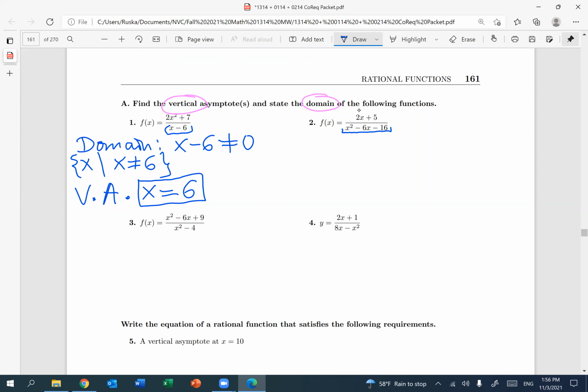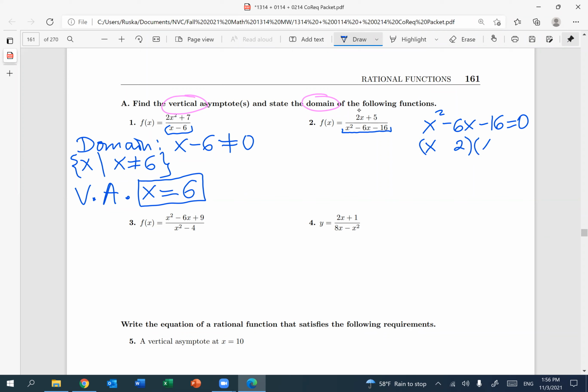So I'm going to solve x squared minus 6x minus 16 equals 0. So how do you solve that? 16, what times what is 16? 2 and 8. 2 times 8 is 16.